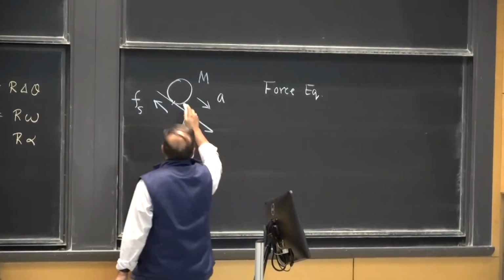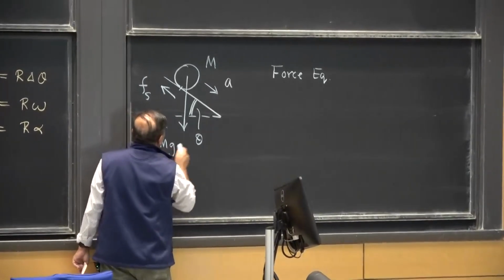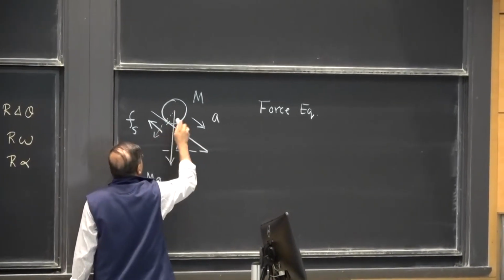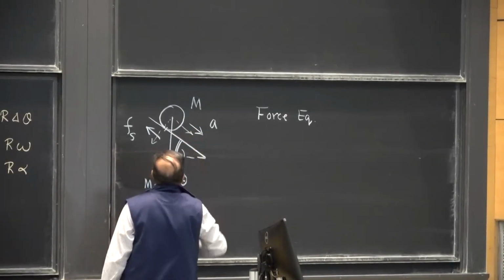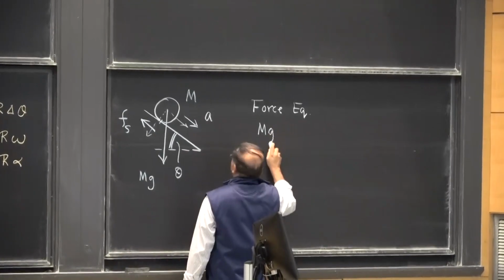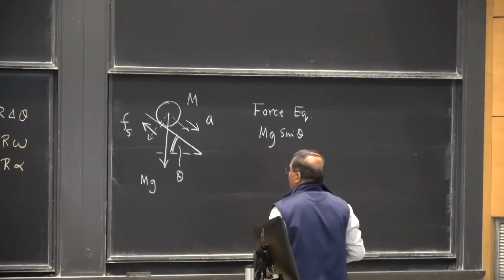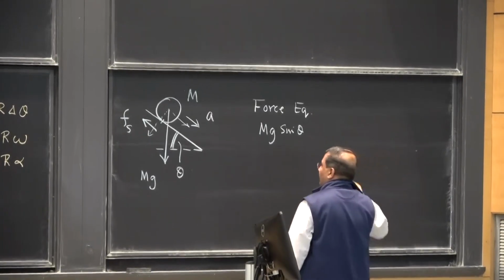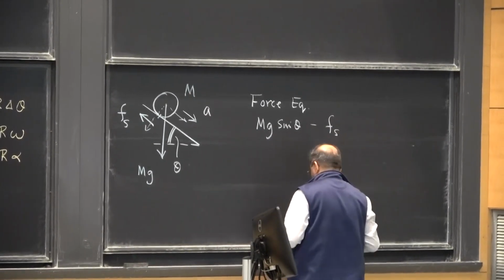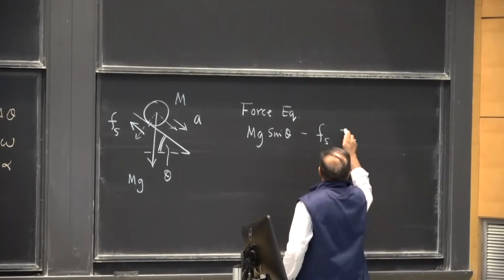So I know already that this is my mg, I know this is theta, so therefore I can break it down like this and like that, just like I've done earlier. So therefore the downward force is mg sine of theta, whatever value of theta and mass you put in, minus there is a static friction force Fs, which looks very counterintuitive, but that's what it is.